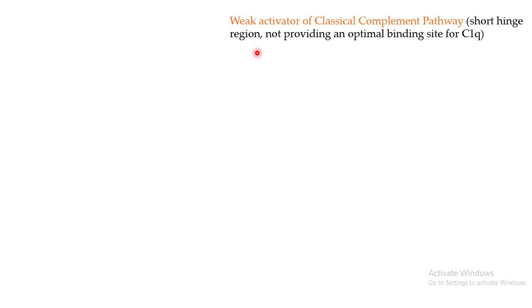And this short hinge region is actually not providing an optimal binding site for the C1q, and the C1q is the first molecule responsible for the activation of the classical complement pathway. So if the immunoglobulin G4 cannot interact with the C1q, that means it is going to be a weak activator of the classical complement pathway.